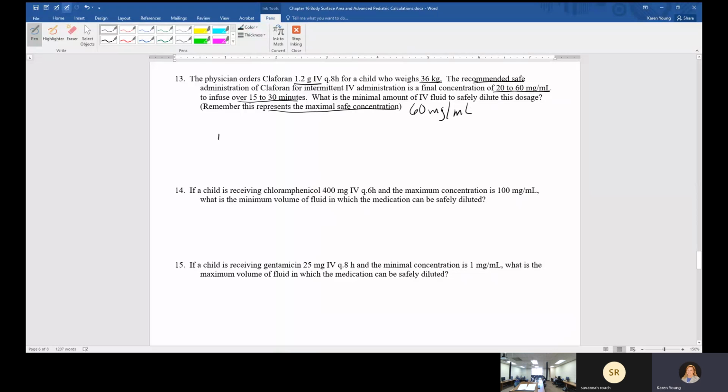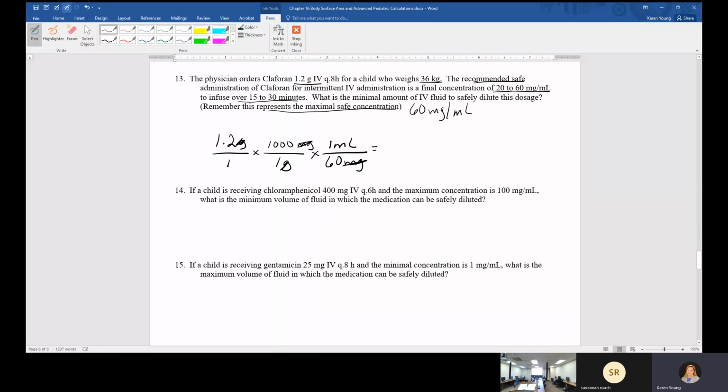So again, it starts with my doctor's orders, the 1.2 gram. And then I've got to change grams to milligrams because my safe concentration is in milligrams. So I'm going to do 1,000 milligrams to 1 gram, and then times my 1 milliliter to my 60 milligrams. So my milligrams will cancel, my grams will cancel.